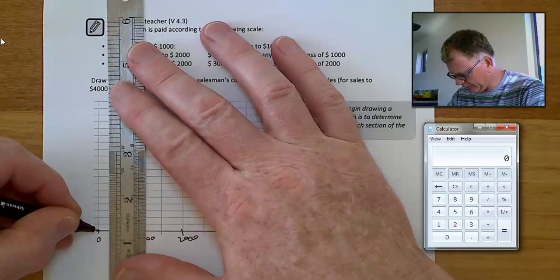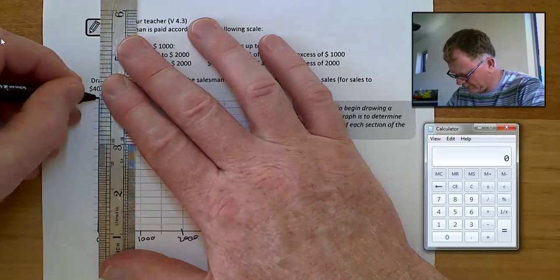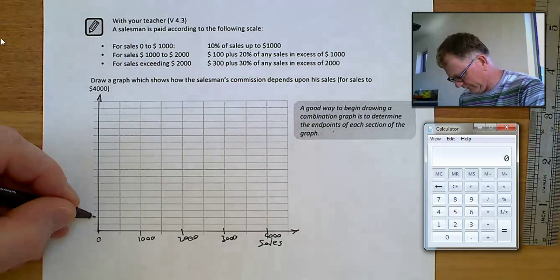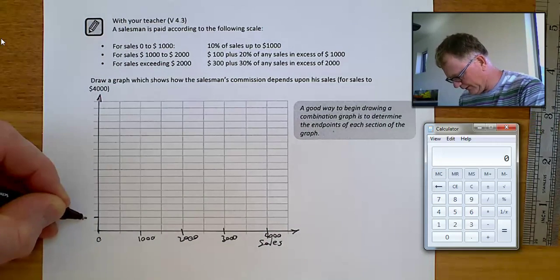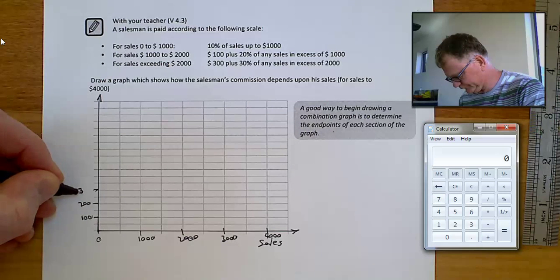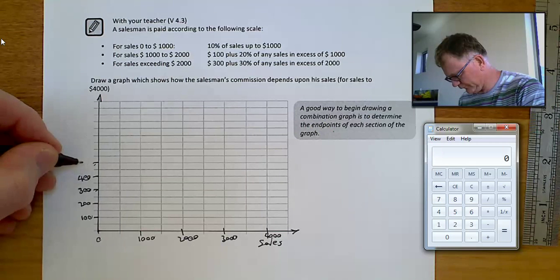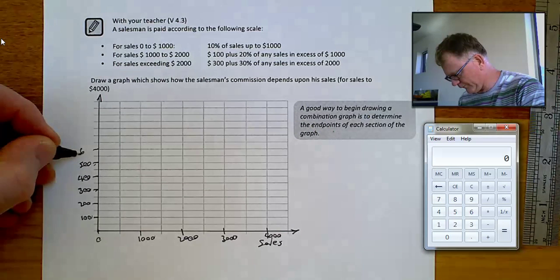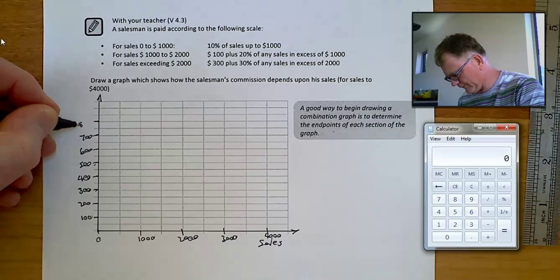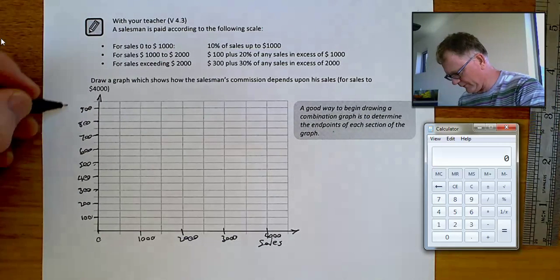Now I've actually done this beforehand, and I think a good scale is 2 squares for $100. Works out quite well. This is his pay.